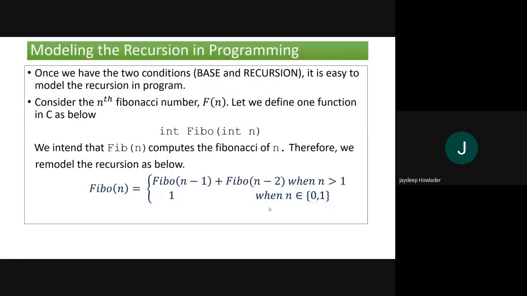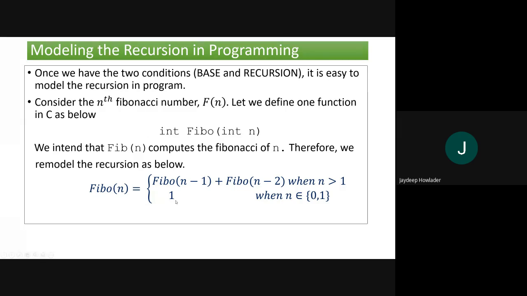Okay. So we'll take an example. The first example is how to compute the Fibonacci series. The Fibonacci series that we already described is a recursive function. The recursive call is fib n equals fib n minus 1 plus fib n minus 2, and the base condition is when n equals 0 and 1, then we return 1.